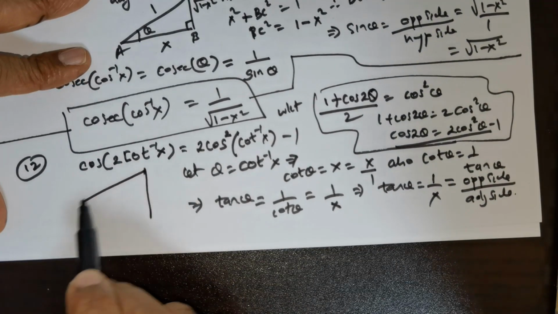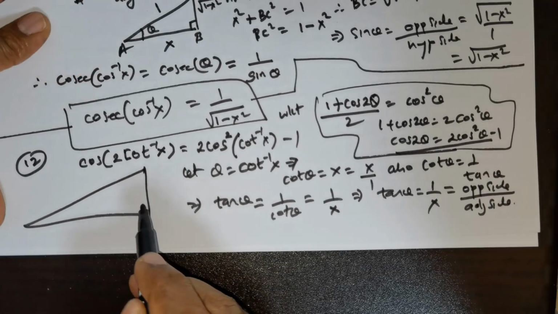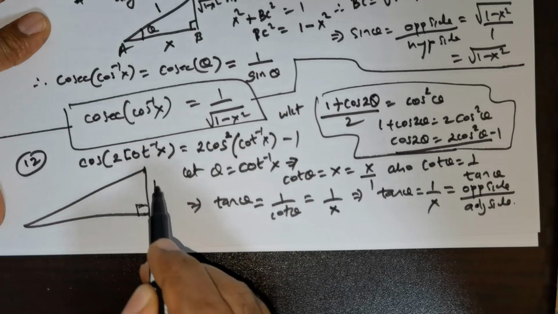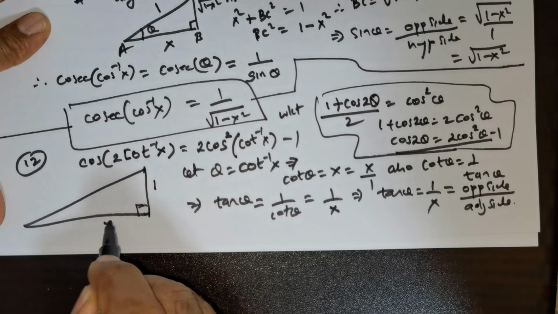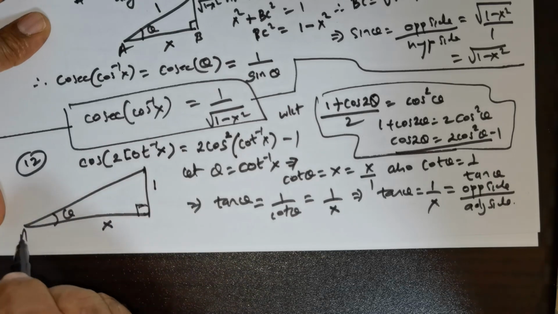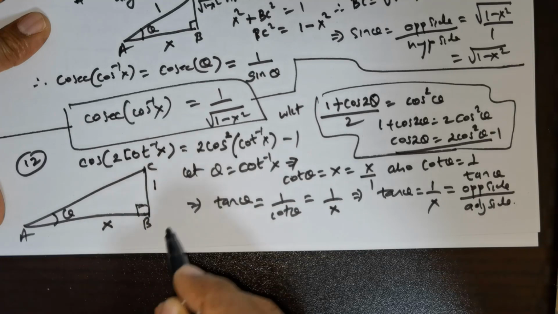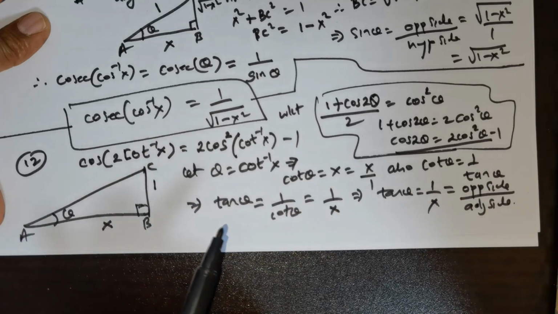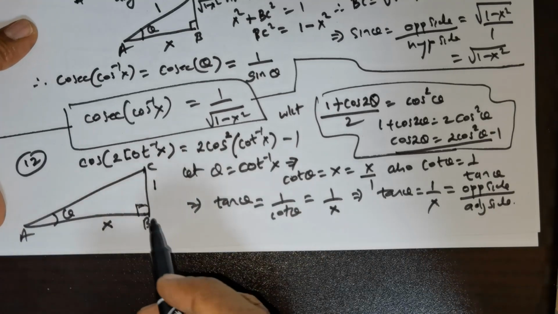So if you were to draw the right triangle, opposite side is 1, the adjacent side is x, this is my theta, this is a, b and c. So this is the representation for tan theta.